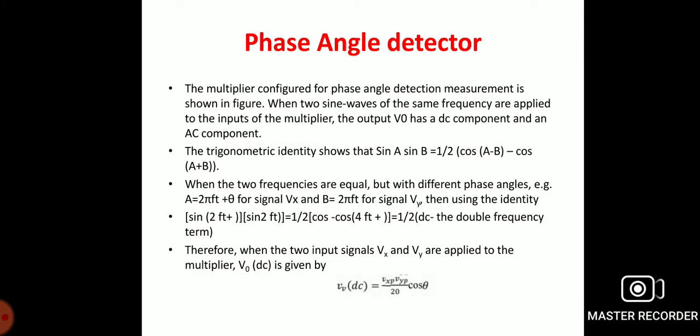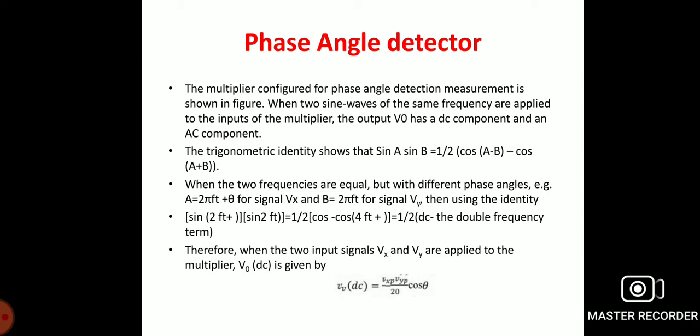When the two frequencies are equal but with different phase angle, for example, A is equal to 2 pi f t plus theta for signal Vx, and B is equal to 2 pi f t for signal Vy. Those are the two input signals.